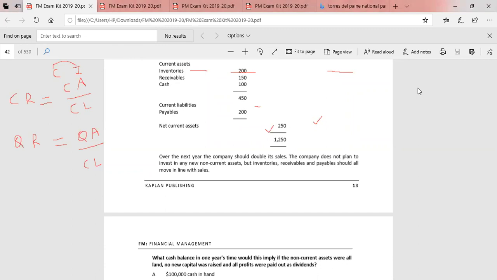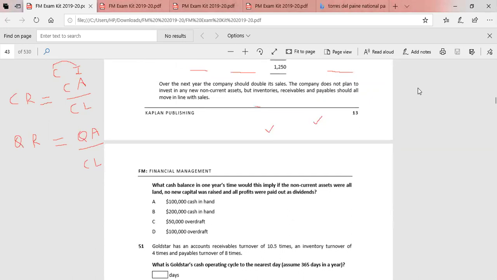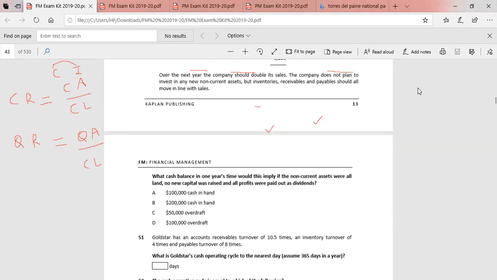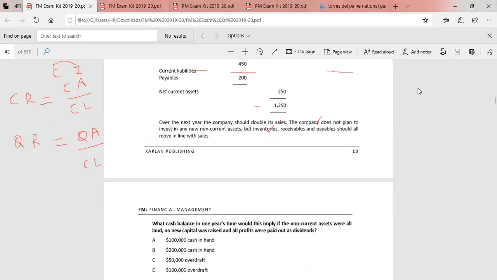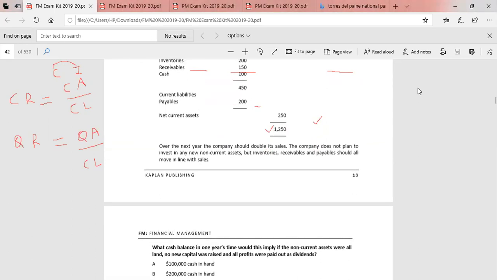What cash balance in 1 year's time would this imply if the non-current assets were all land, no new capital was raised, and all profits were paid out as dividends?